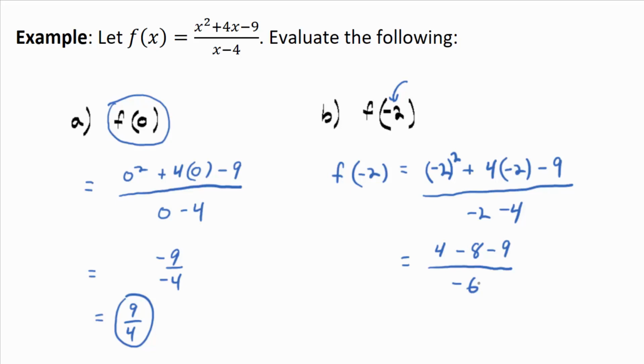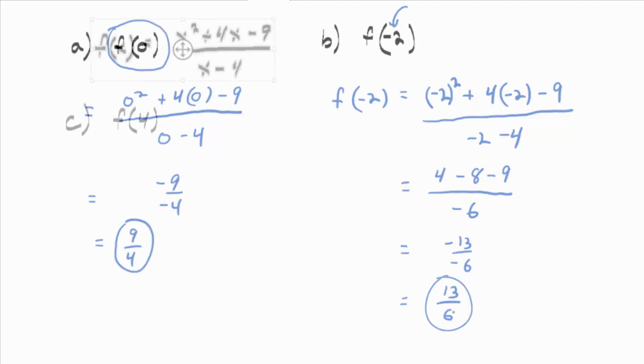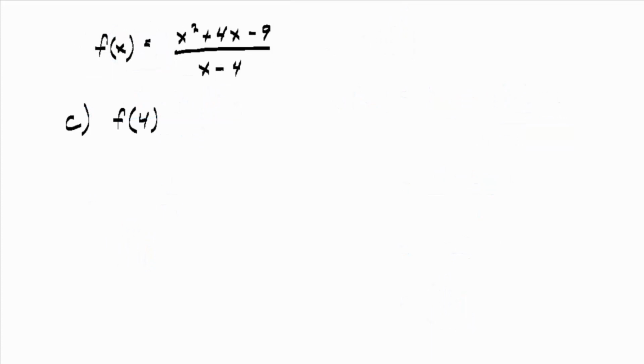Negative 6. Okay, on top, 4 minus 8, negative 4 minus 9. So you get negative 13 over negative 6. And how does that simplify? Same as 13/6.